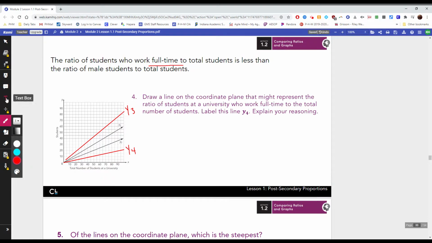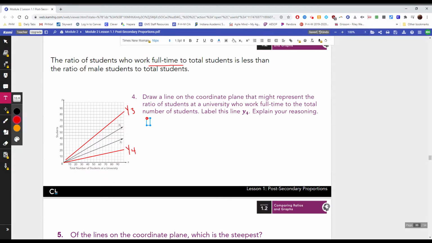And now let's explain why we put it down there. So the line Y4 is below line Y2 because the ratio of students who work full-time to total students is less than the ratio of male students to total students.